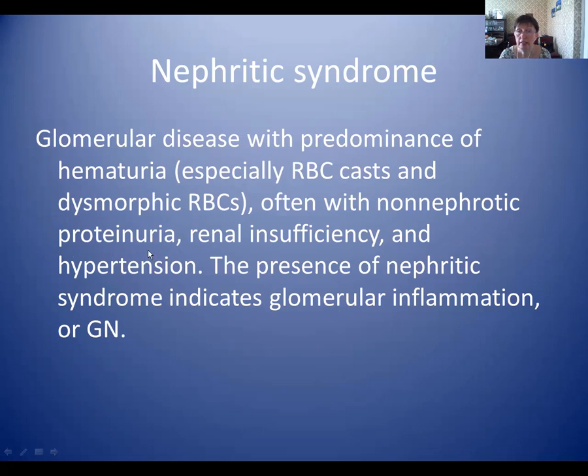It means that it is less than 3 grams per day. And it may be signs of renal insufficiency and hypertension. And of course, nephritic syndrome indicates the presence of glomerular inflammation or glomerulonephritis.